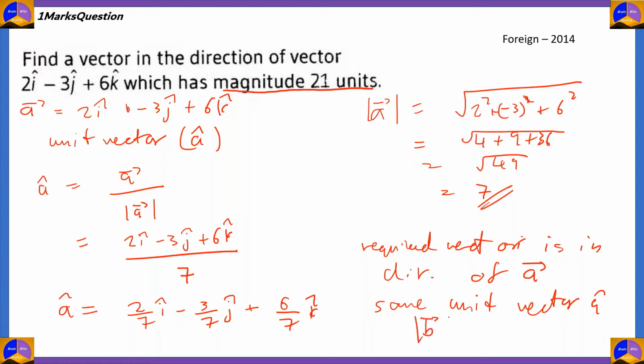Let's take that vector as B. So the magnitude of vector B will be 21 units. So we need to find vector B. And to find a vector, you multiply the unit vector by the magnitude of that vector. So B bar will be equal to A cap times magnitude of B.